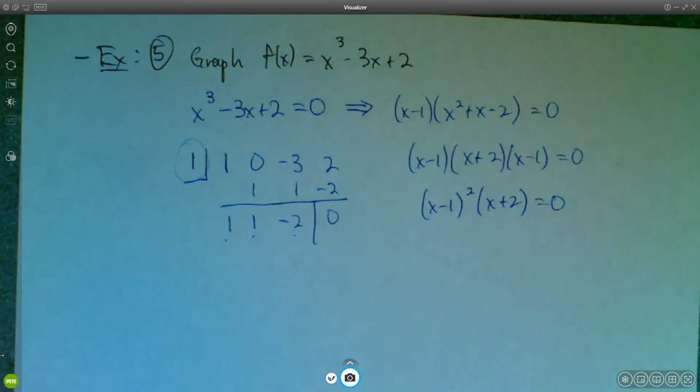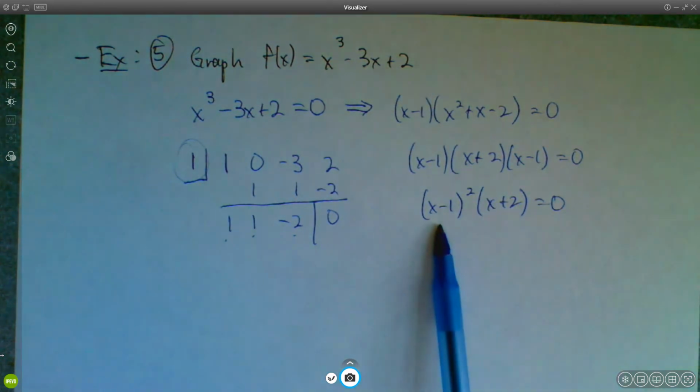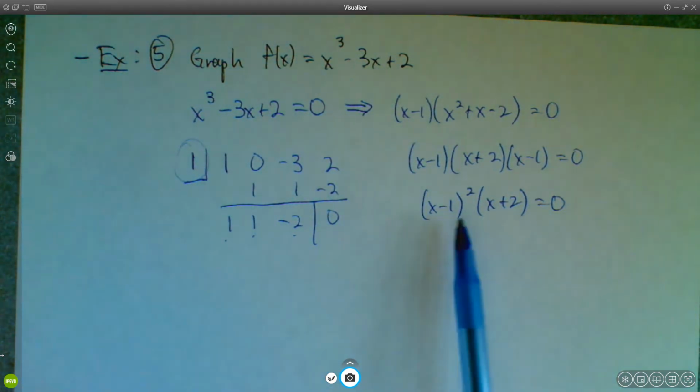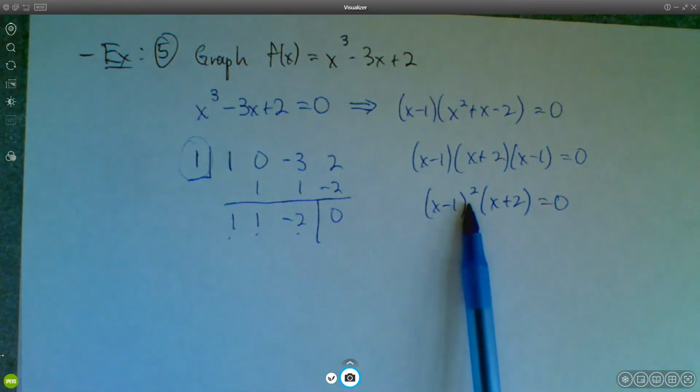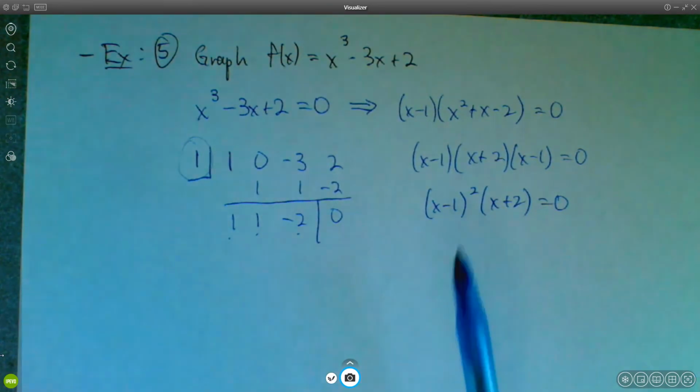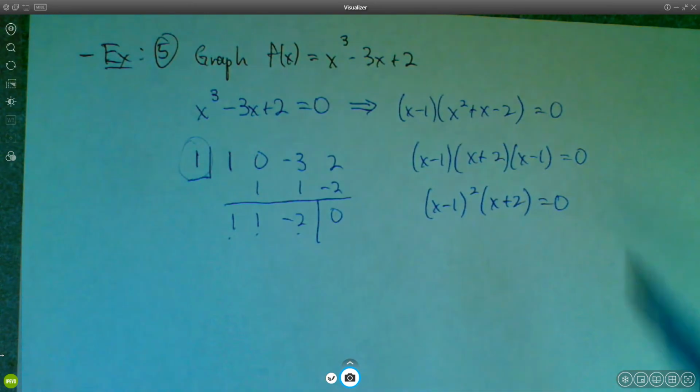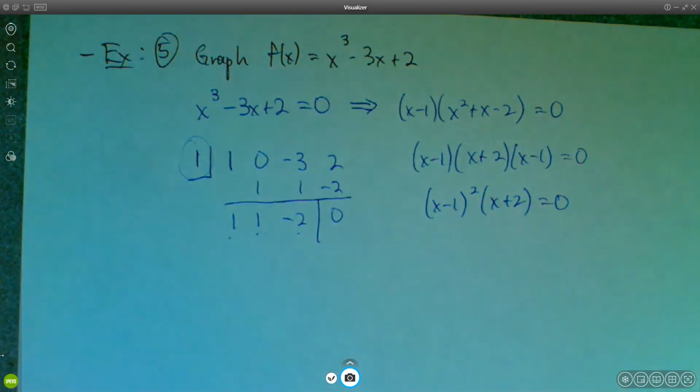So what does that tell us? That tells us that we have x-intercepts at 1 and at negative 2, but the x-intercept at 1 has multiplicity 2, and so the graph will touch but not cross the x-axis at 1. All of this was information that you had from pre-calculus, right? So you could do this problem.